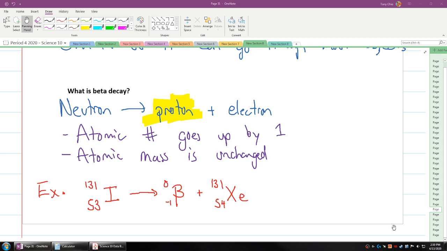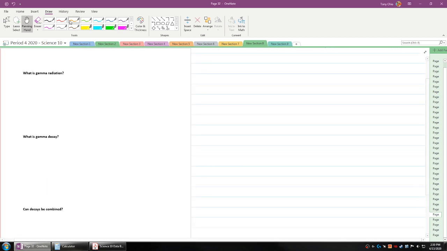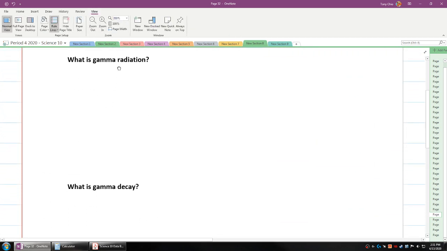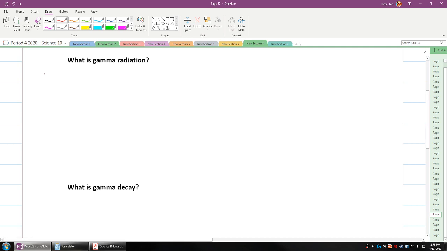Our last type of radiation we're going to talk about is called gamma radiation. Gamma radiation is actually our highest energy radiation. But because of this, it does not change our element.